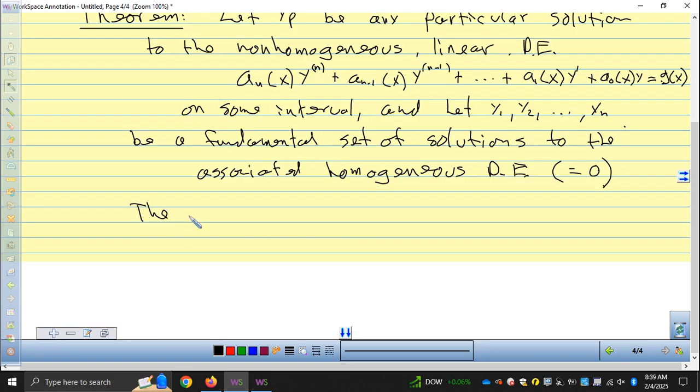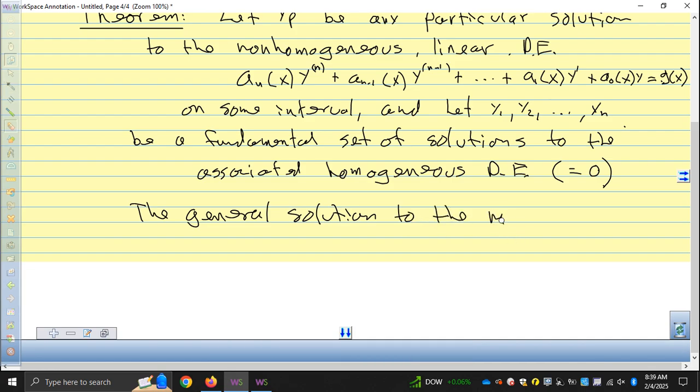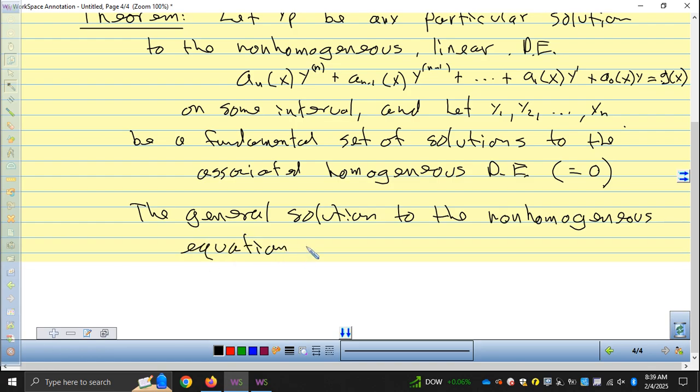The general solution to the non-homogeneous equation is y equals C1 y1 plus C2 y2 plus dot dot dot plus Cn y sub n plus y sub p, where the c's are arbitrary constants.